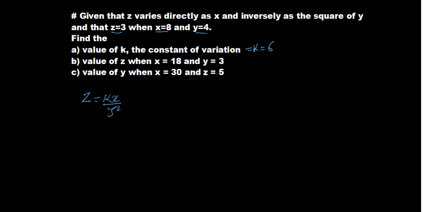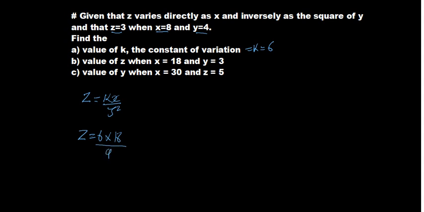Now from b, we need to find the value of z when x is equal to 18 and y is equal to 3. We have x and y given, and we have k, so we need to find z. So k is 6 multiplied by x, which is 18, divided by y, which is 3, and 3 squared is 9.